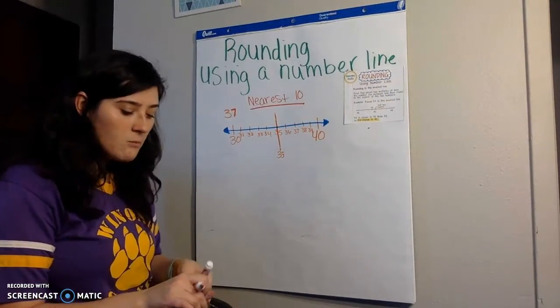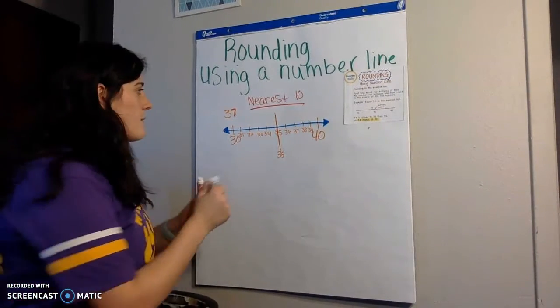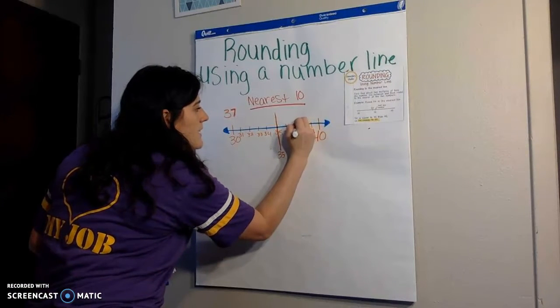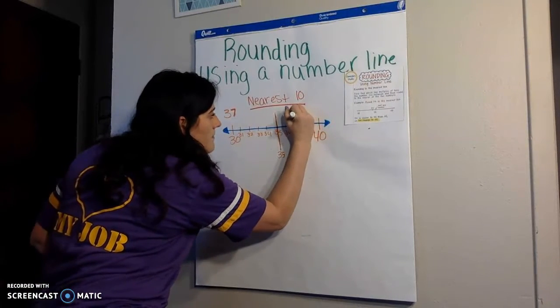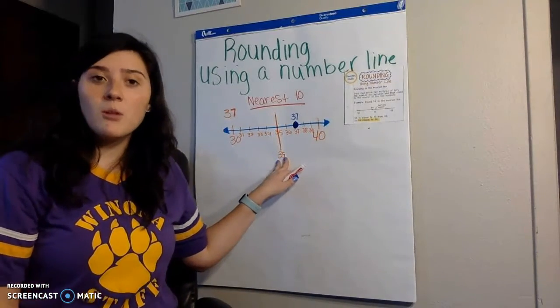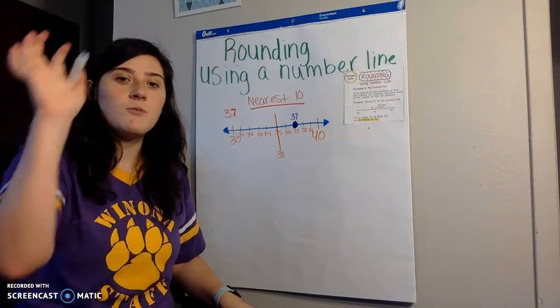Okay, the number that I'm working with is what number? 37, right? So I'm going to put a dot where my 37 is. So here's my 37. If we keep with our rule, 5 or more round up, 4 or less round down.